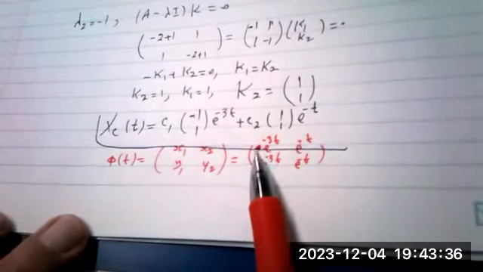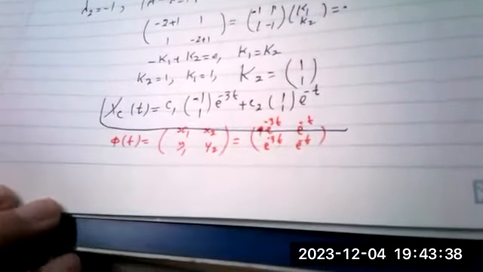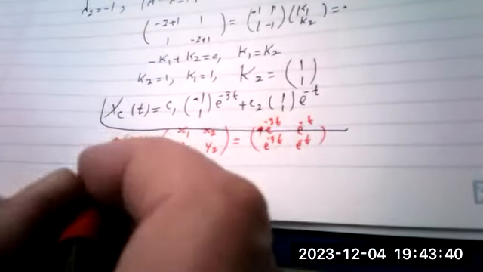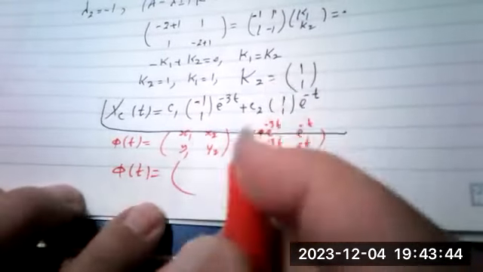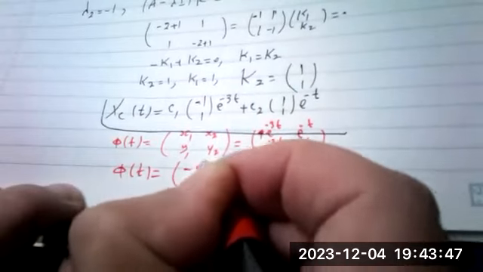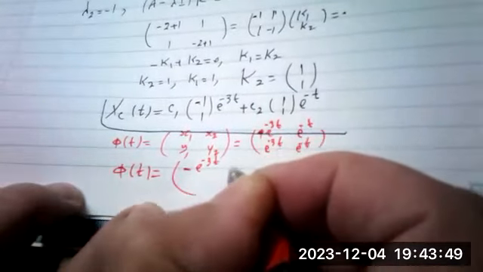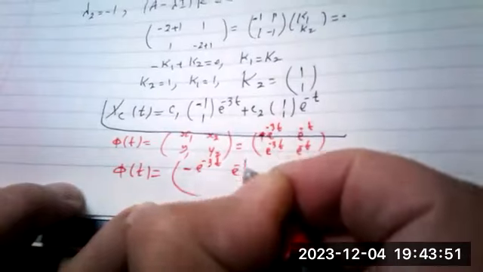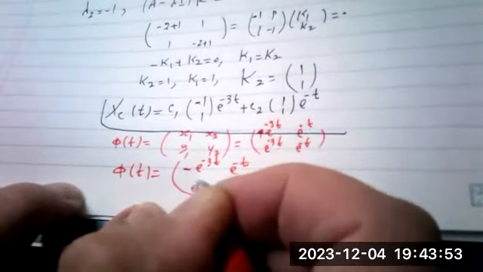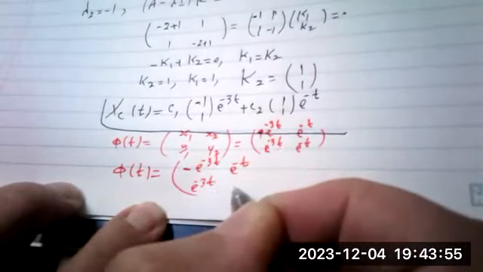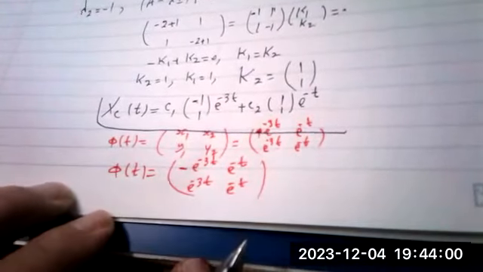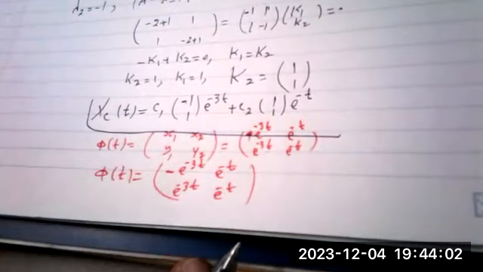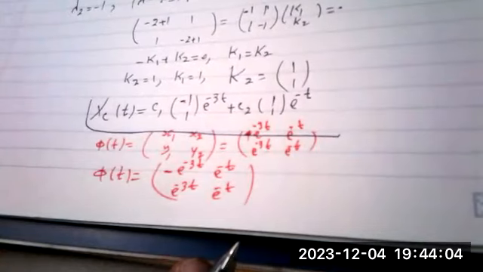I can rewrite it: phi of t equal to the first component negative e to the -3t, the second one e to the -t, and then e to the -3t and e to the -t. So this is going to be your phi of t. It's important to make this one correct to get the numbers.